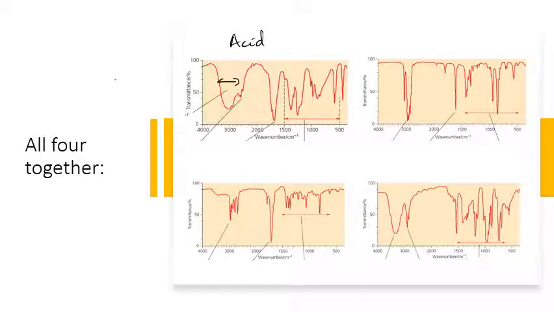Because this peak here is broad, and it's about 3,100. But as well as that, we've got at 1,700, we've got the carbonyl, right? So we've got a carbonyl here, and we've got a hydroxyl group of acid there, and that's what tells us that this is a carboxylic acid.